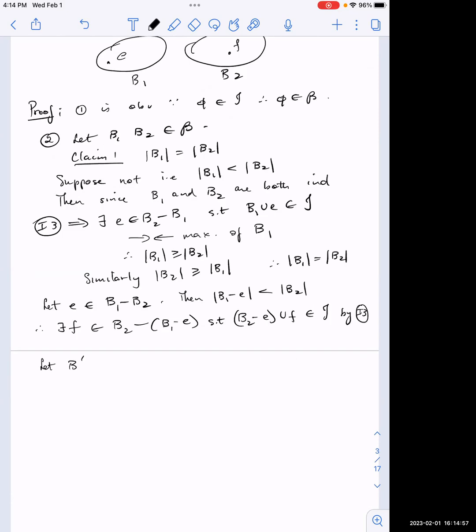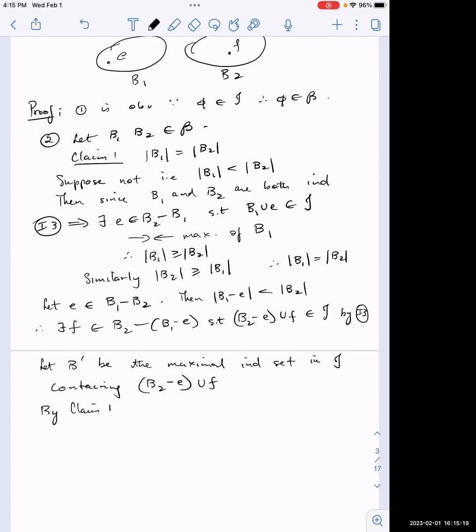So let B dash be a maximal independent set in I containing (B1 minus E) union F.